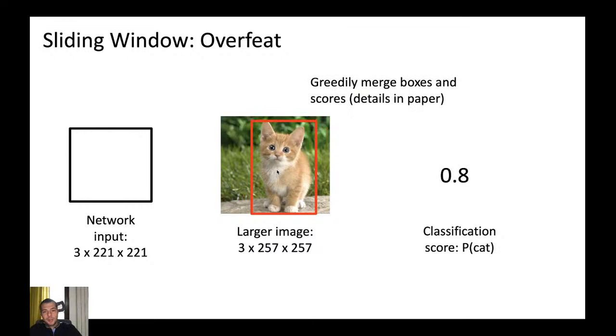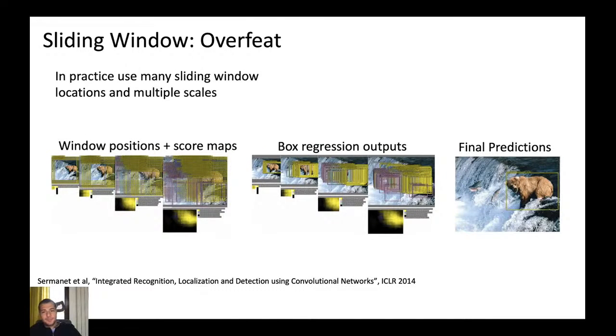And now they can merge these boxes and classification scores in order to obtain their final prediction. So this is how it looks on images with multiple scales. And if you sample these windows over the object and look at the score maps, you kind of see this heat map over the object.